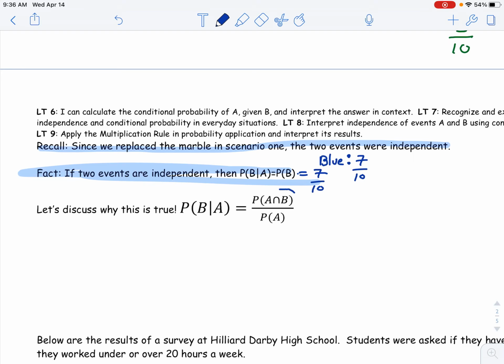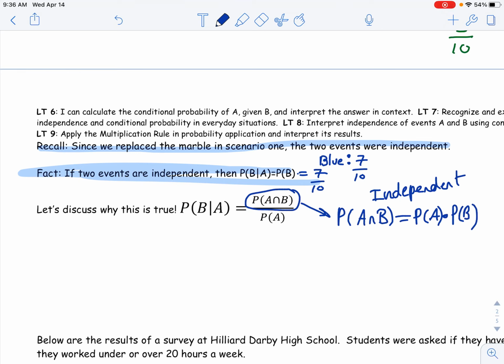Now let's discuss why this is true. Because let's focus on this part right here. The probability of A given B. Remember, independent. This is the multiplication rule of probability: the probability of A times the probability of B. All right, A and B happening, you just multiply them together.